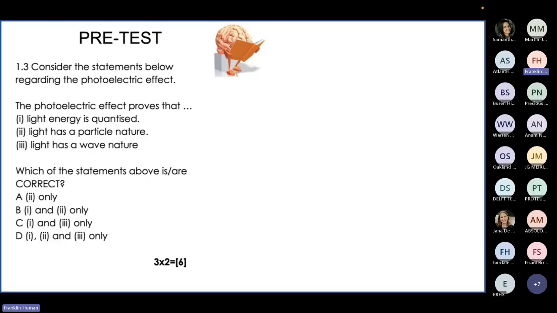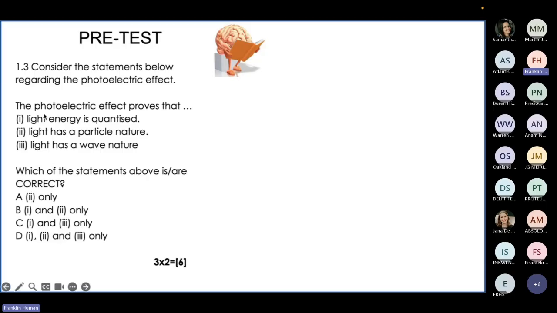When we say that these energy packets in light have specific amounts of energy, that is what it means when we say light energy is quantized. It's just a very fancy way of saying that light energy in a quantum, in an energy packet in light, has a specific amount of energy in it.